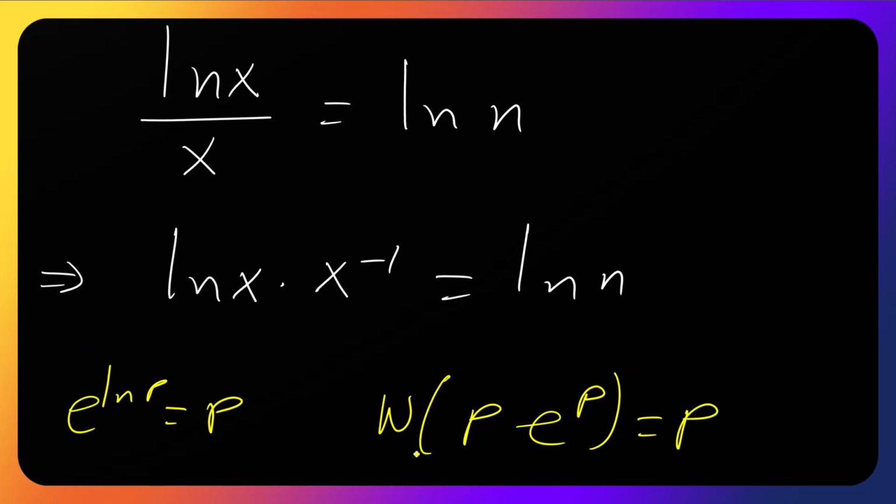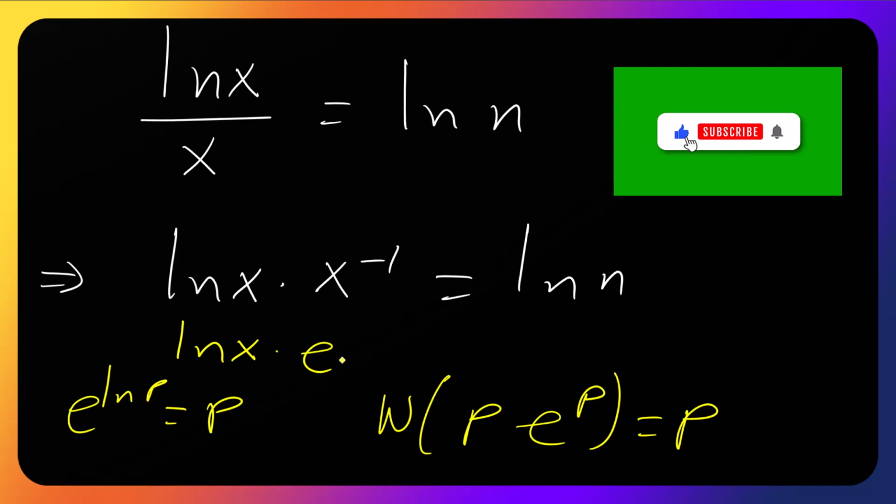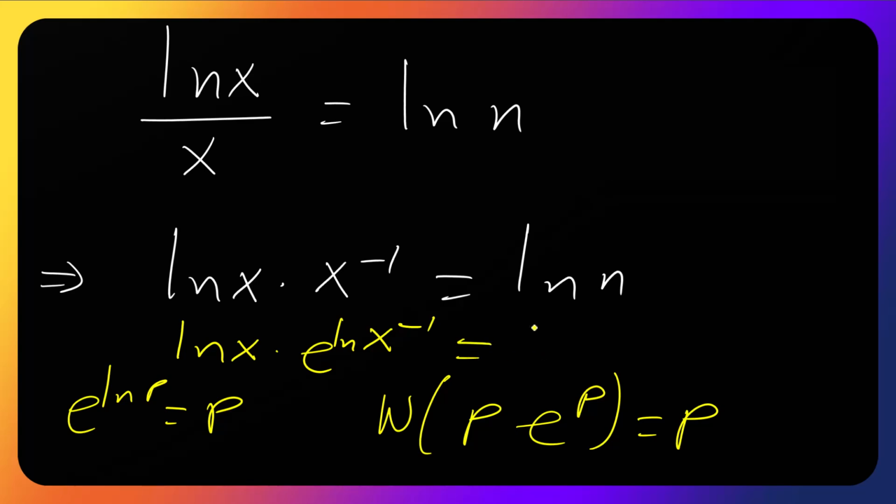Now let's combine these two here. We want to bring e here, so I'll start with this one. My next step will be ln of x times e raised to ln of x to the power minus 1 equals ln of n.